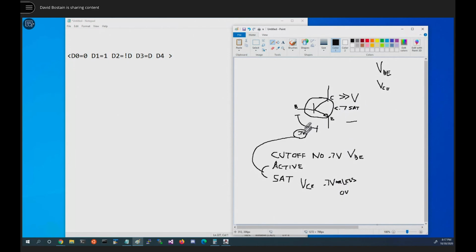If you have 0.7 volts between the base emitter, and we have something greater than 0.7 volts here, we are active. What active means is we're amplifying. And when we are amplifying, with greater than 0.7 here, we'll find 0.7 there.